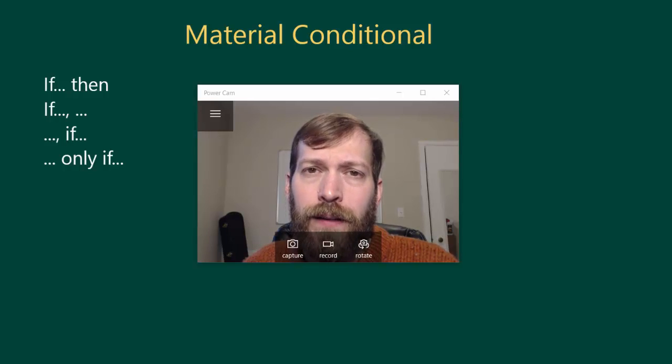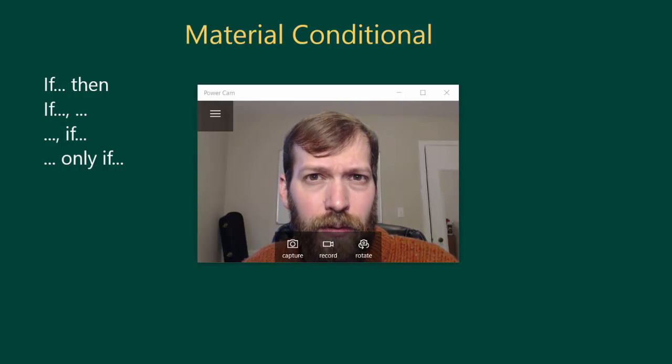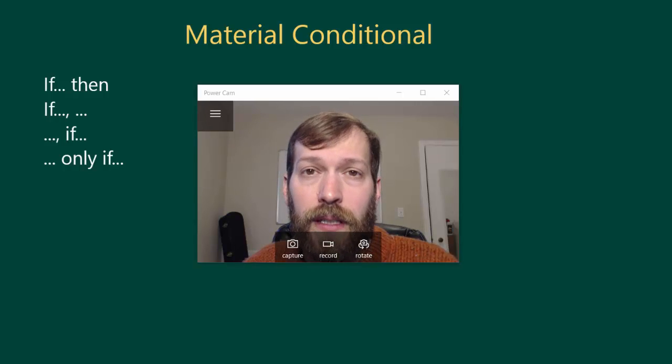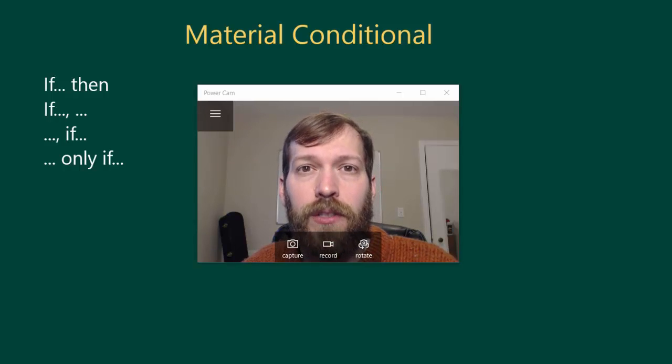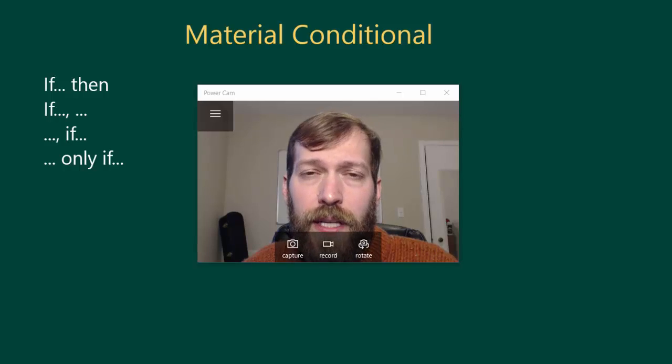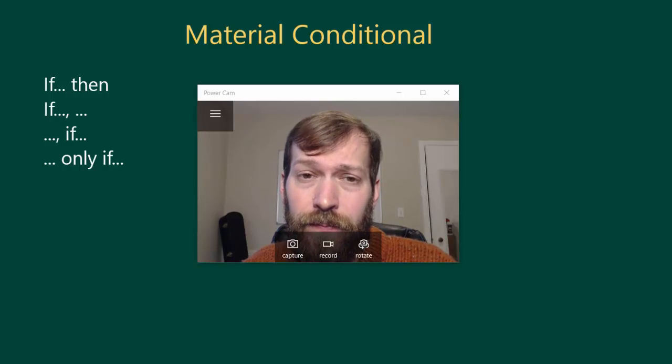So if the antecedent, then the consequent. I promise you, you get the antecedent, you're going to get the consequent. That's the promise that you're making. Notice that if your antecedent ends up being false, you can't break your promise. It's impossible to break the rule in the case in which the antecedent condition doesn't occur.